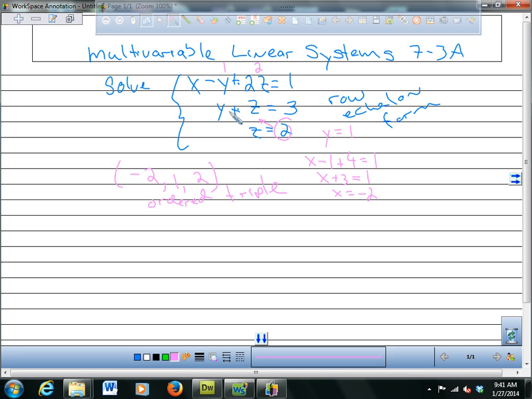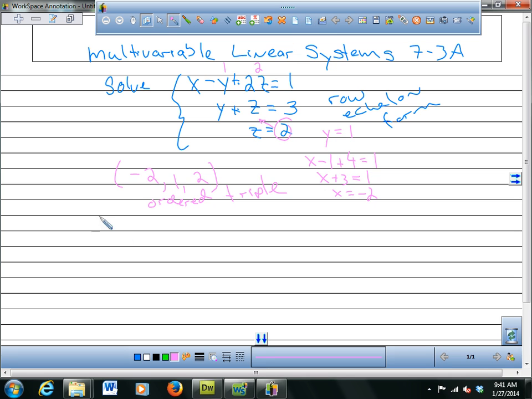Now, they will hardly ever be in that form originally, so your goal when you're solving a 3D system is to get them into that form, so it makes it easier to solve. So, for instance, they have this thing called Gaussian elimination.